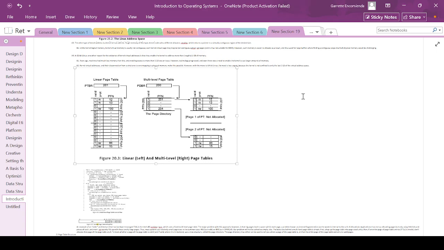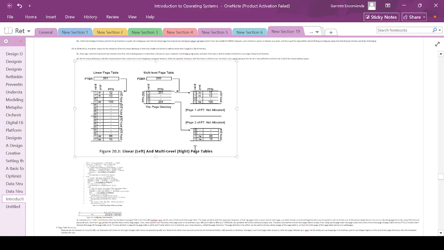But for this virtual address space, since it's only 32-bit, it's crucial to serve this 1 gig. But for 64-bit, it doesn't have that much need because it's a larger space to begin with.